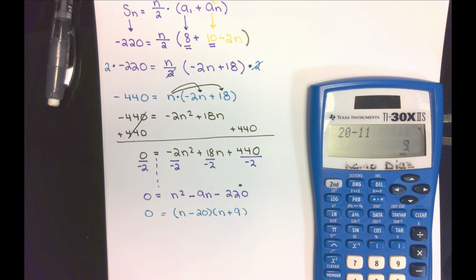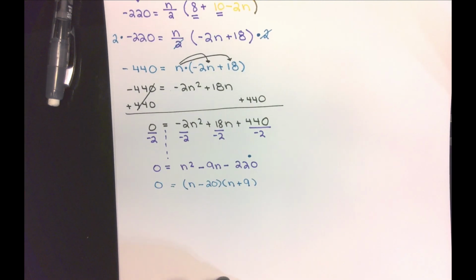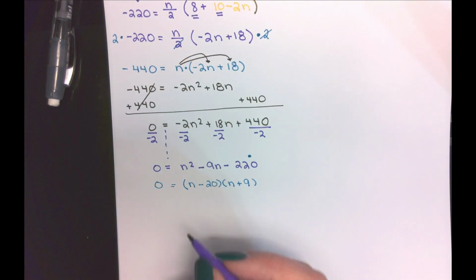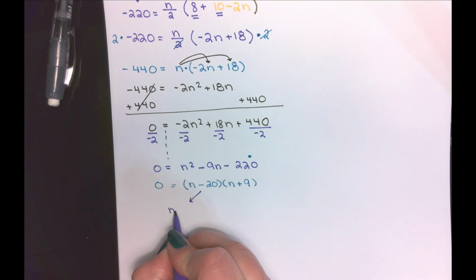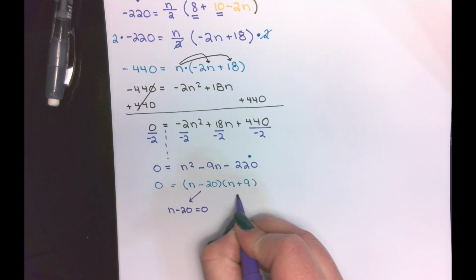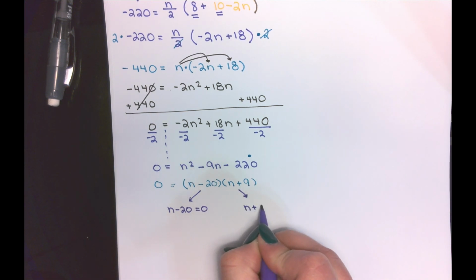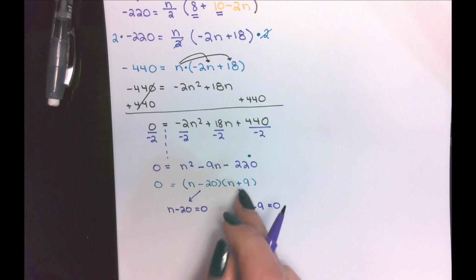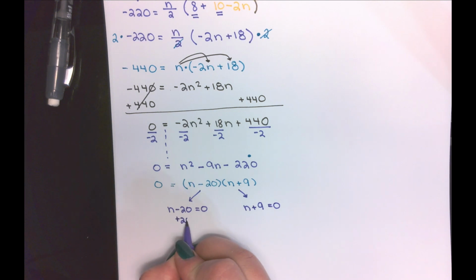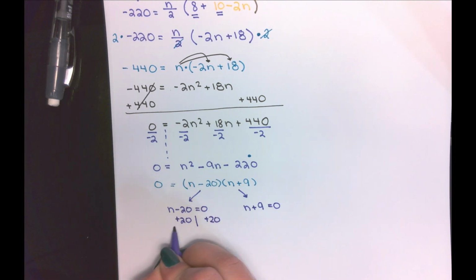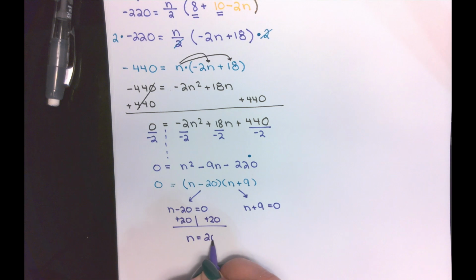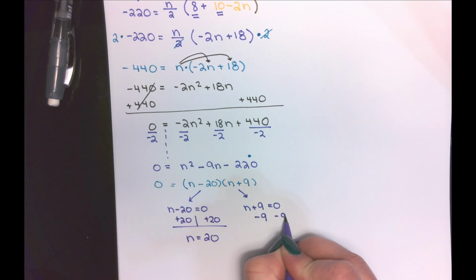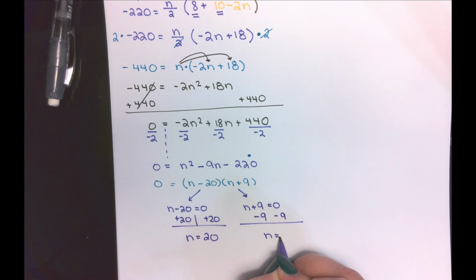Now, when you're solving, this is now using the zero product property, meaning we're going to set this factor to 0. We're going to set this factor to 0. This was not a rainbow method, so no need to divide anything. I'm going to add 20 to both sides. N is then 20. I'm going to subtract 9 both sides. N is negative 9.